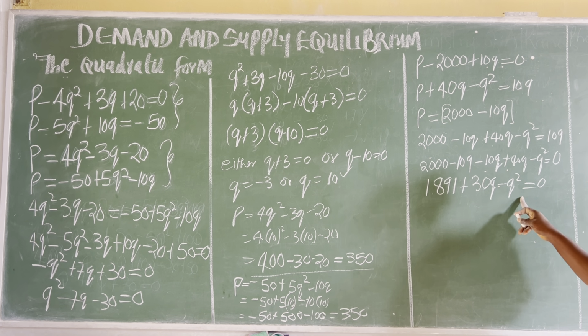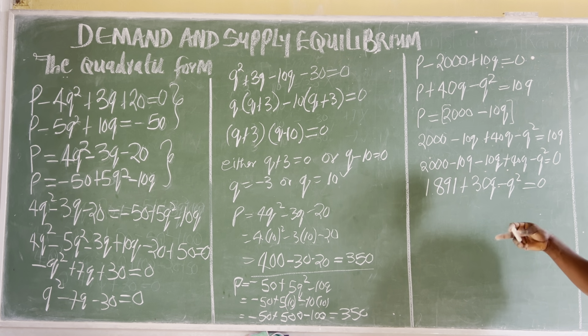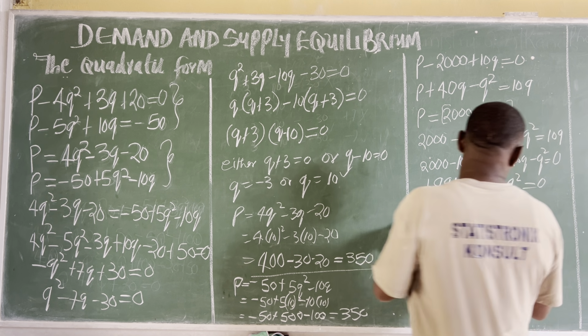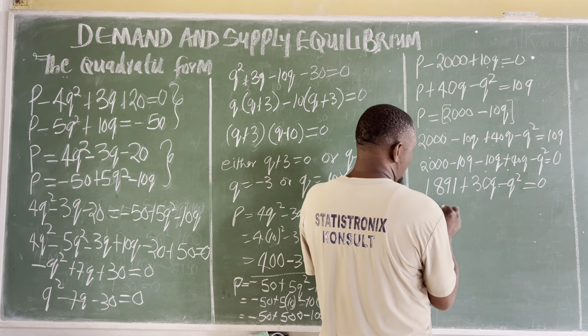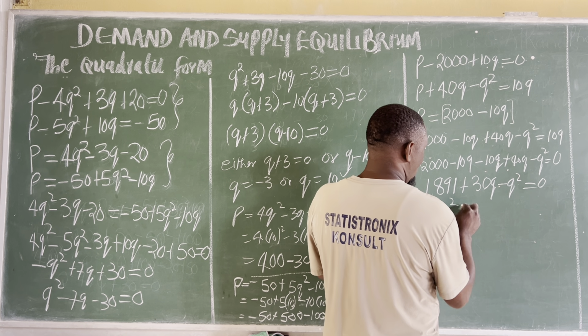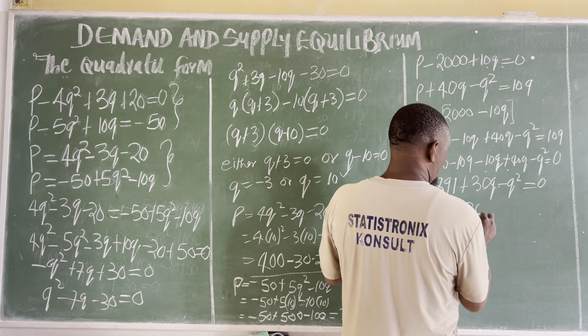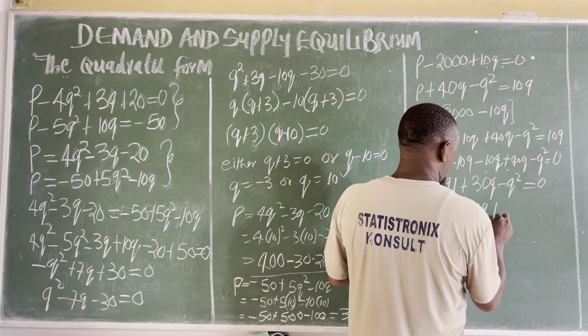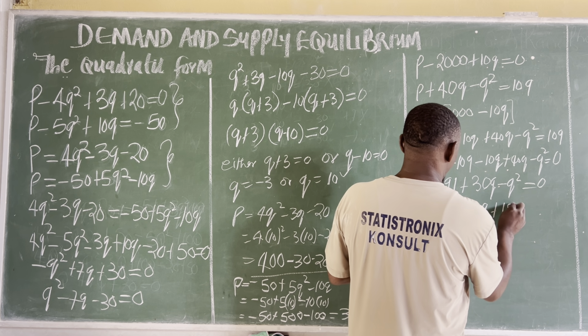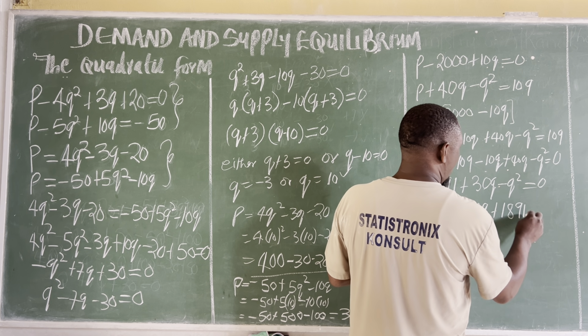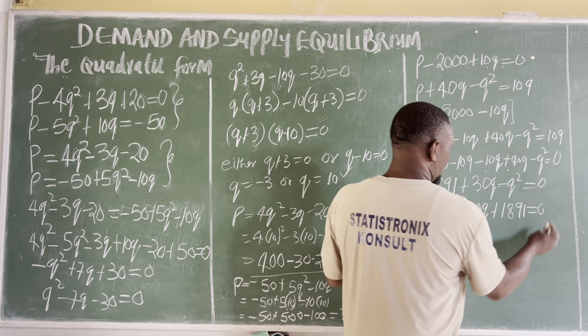You see that this is also a quadratic equation. Let me arrange it properly, and so we'll have minus q square plus 30q plus 1891 is equal to 0.